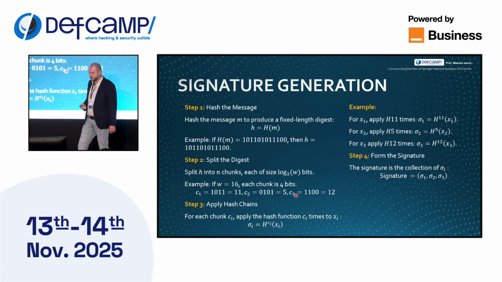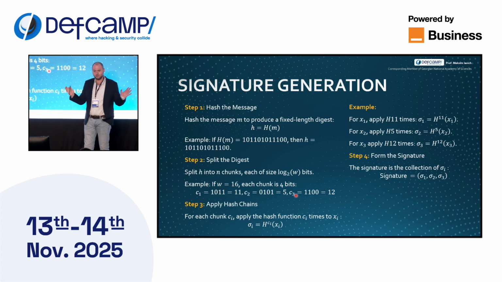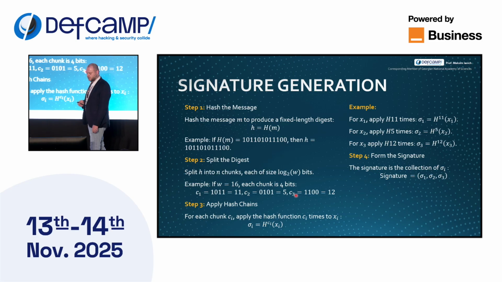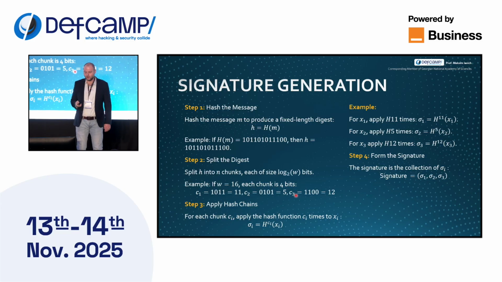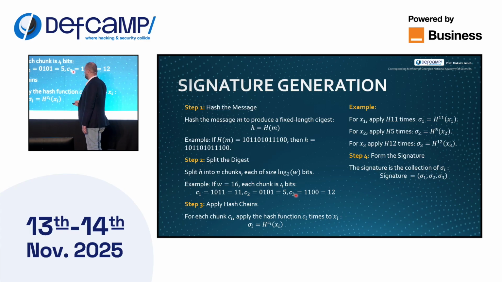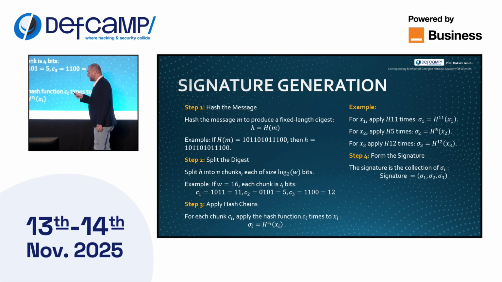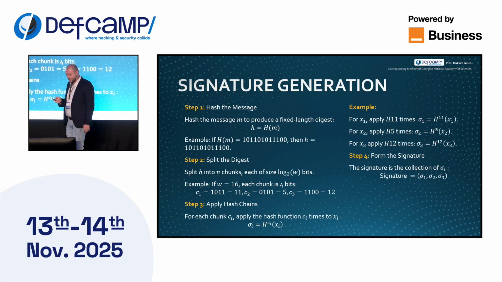How do we generate the signature? First of all, we hash the message. Without hashing, we cannot sign the message. We split it into log to the base 2 of W pieces. So if W is 16, we split it into 4 pieces. They are in binary, so we convert them to decimal.